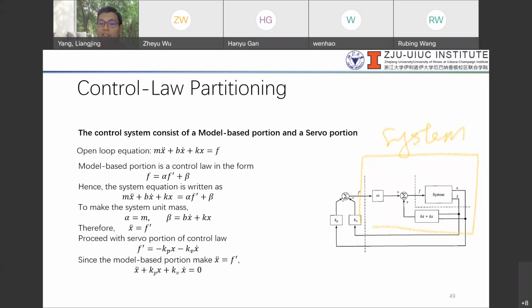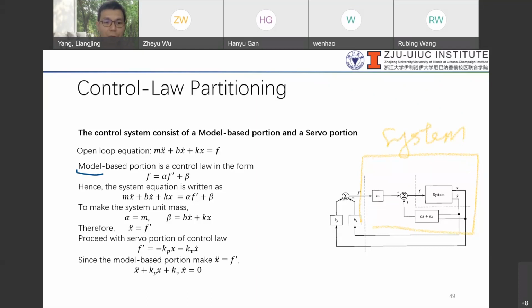Now we're going to partition the system. Say if we already know some of the values like M, B, and K, we can represent it slightly differently. The model-based portion of this control law will be given by this form here.